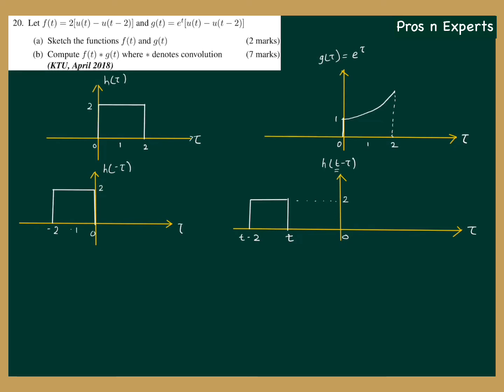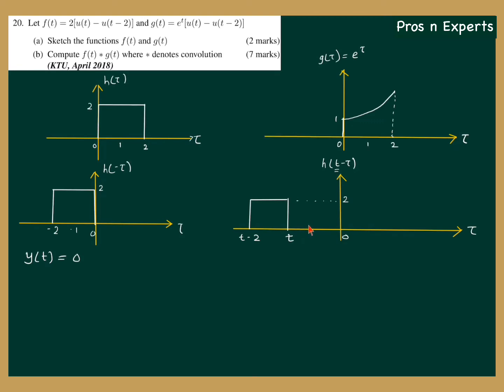Now what is the output at this condition? It should be 0. We are shifting h of t minus tau to a negative value to obtain an initial value. Here y of t equal to 0. And while we increment t slightly, this product remains 0 because the multiplication of this signal and this signal at this position is 0.